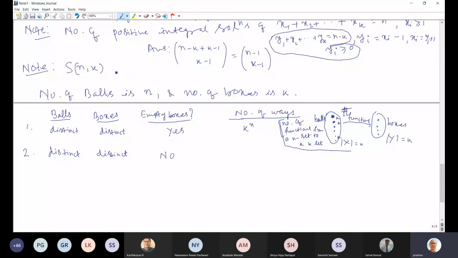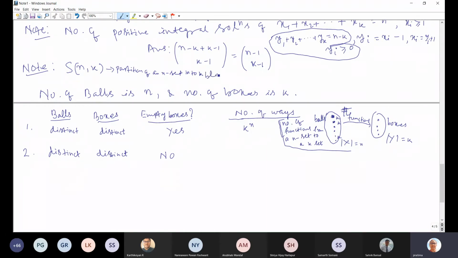What was this? Partition of an n set into k blocks. Our definition was partition of an n set into k blocks.